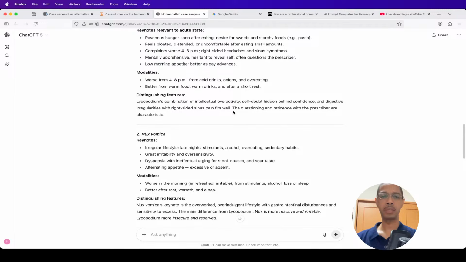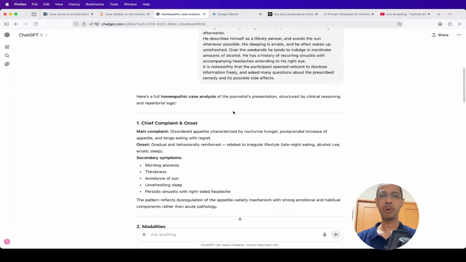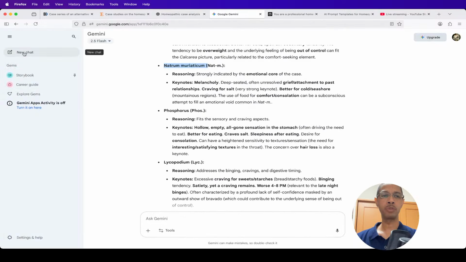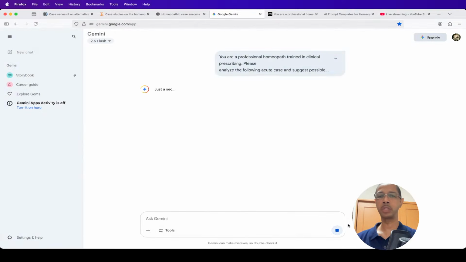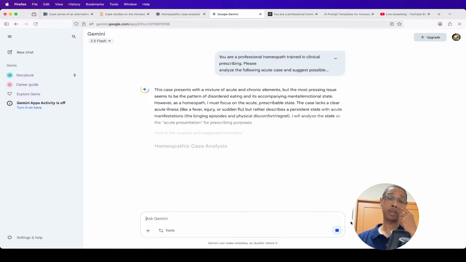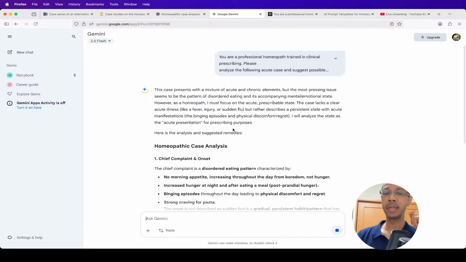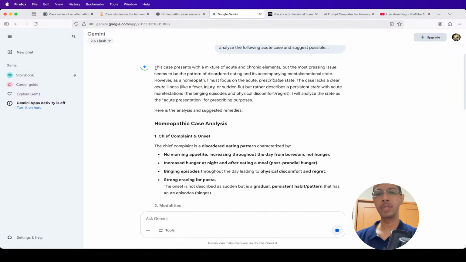So let's take a look at the same prompt in Gemini. We're going to do another new chat over here. Gemini, same information. See if it also picks up that this seems like a chronic case. Again, good. This case presents with a mixture of acute and chronic elements, but the most pressing issue seems to be a pattern of disordered eating and accompanied emotional state.